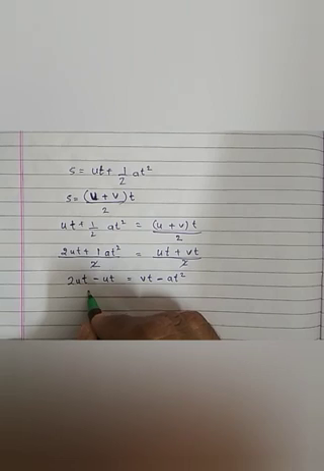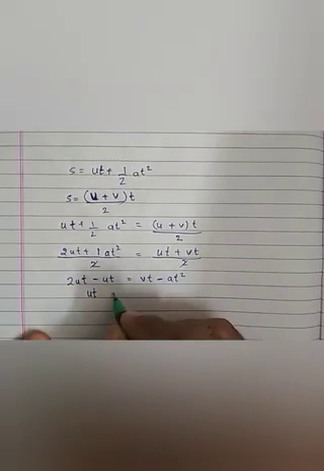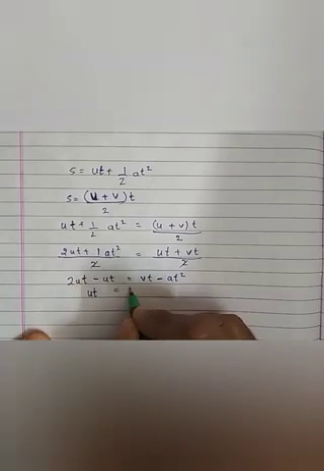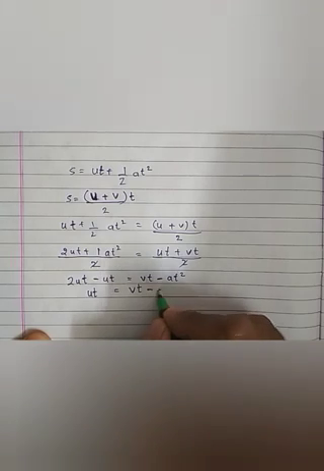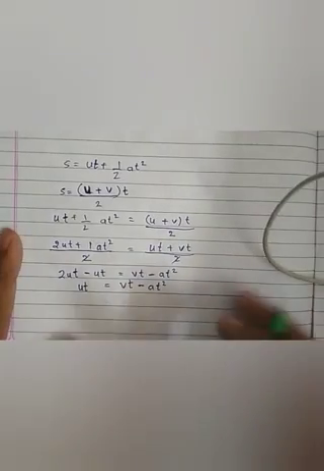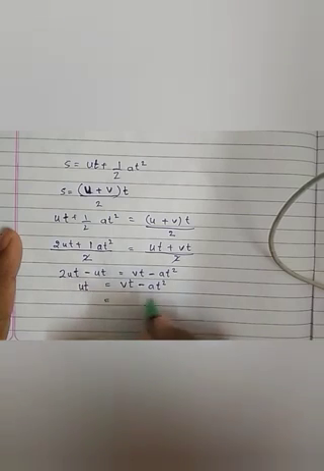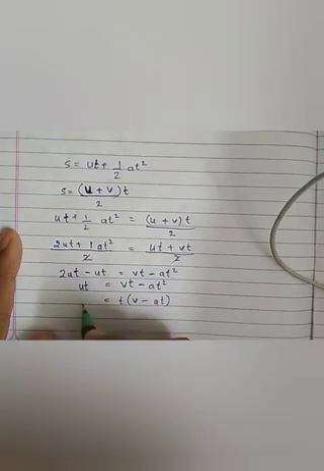Now we will keep ut as it is and take this 2 down. So now this will become equal to vt minus at square. Now take t common. This will become v minus at.